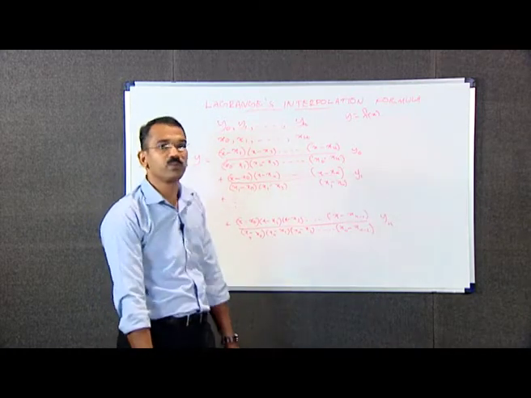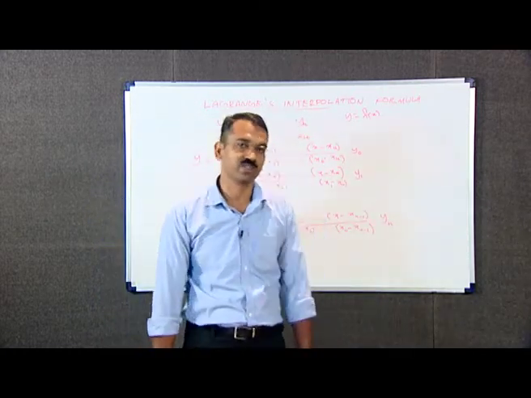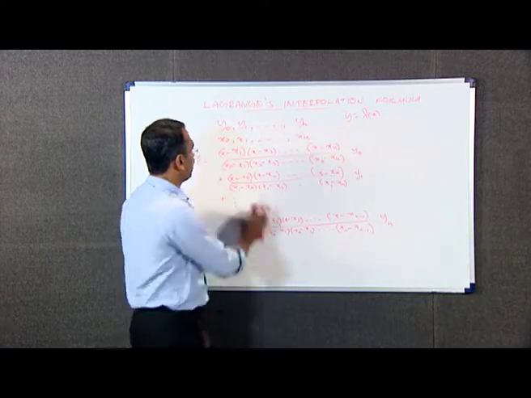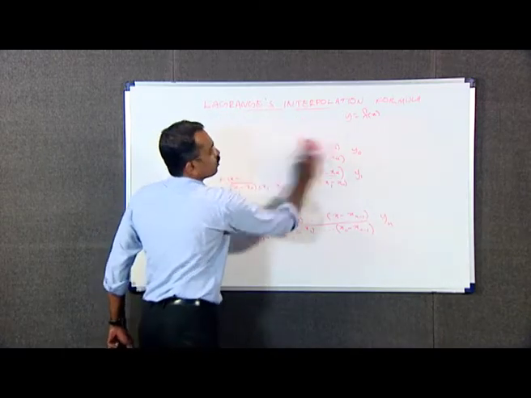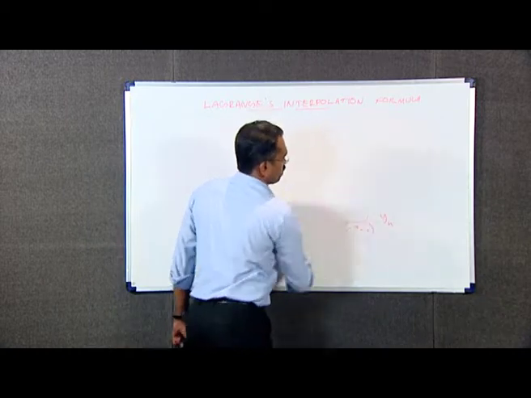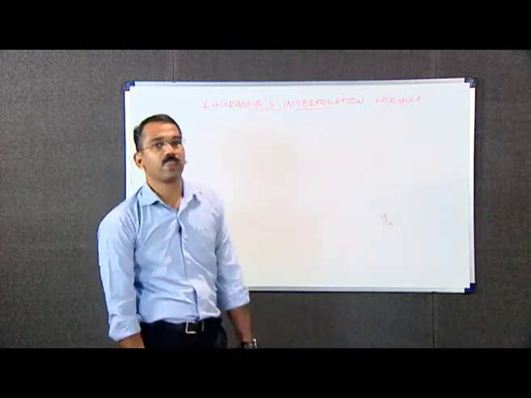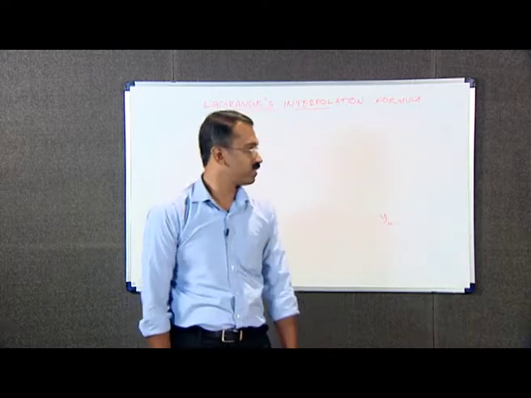Since n plus 1 values of y equal to f of x are given, we can approximate the corresponding polynomial function f of x as a polynomial in x of the nth degree.